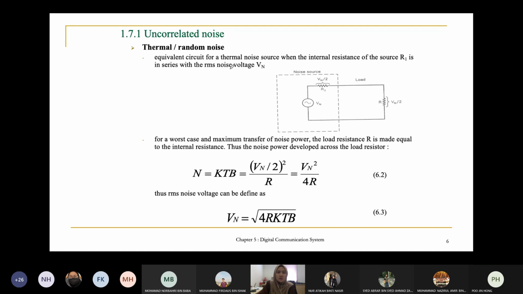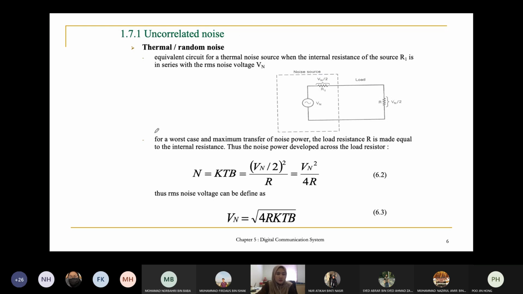So this is an example to show you thermal or random noise. For example, you have this circuit. This is your source, and this is your load resistor. This one over here is the internal resistance.